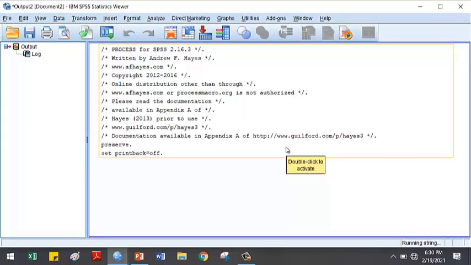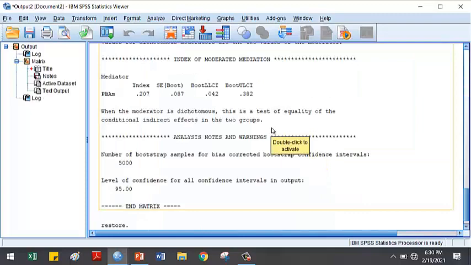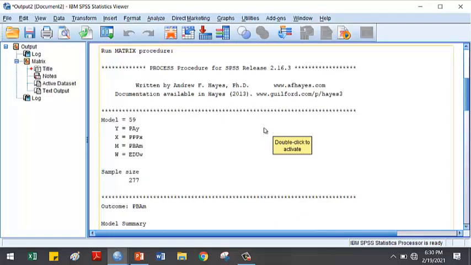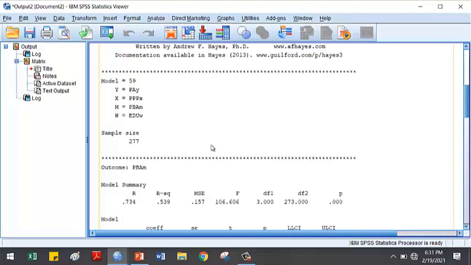So here are the results about the application of Model-59 to compute the impacts of a moderator, education, on all three paths of the mediation model. I have posted all these results on the slideshow. So let's go there to discuss and get the answers.